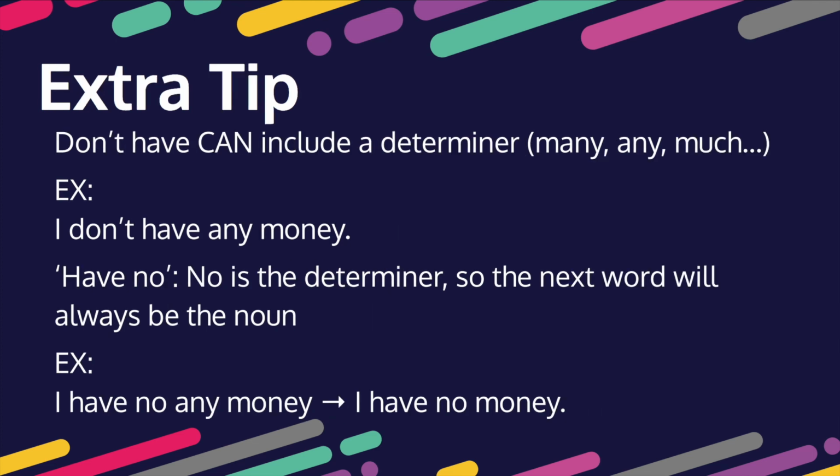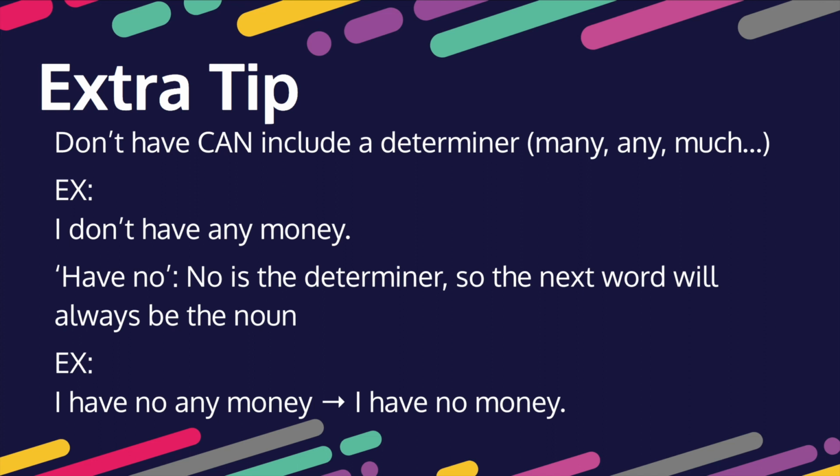One more extra tip. Don't have. This can include a determiner, a word like many, any, or much. For example, I don't have any money. However, with have no, no is the determiner. It means not any.